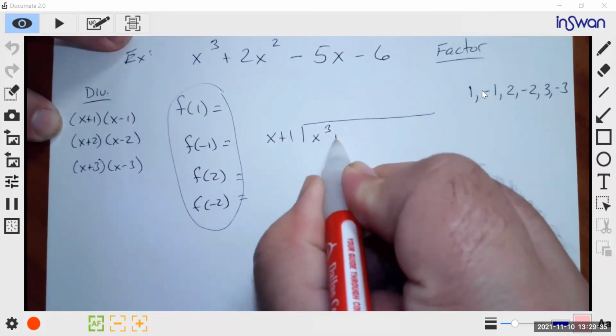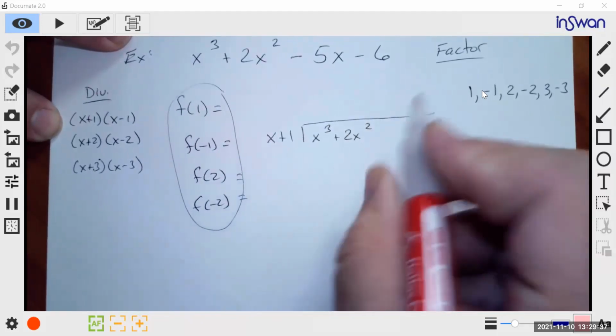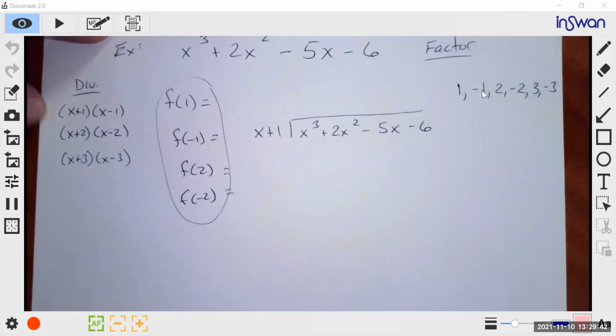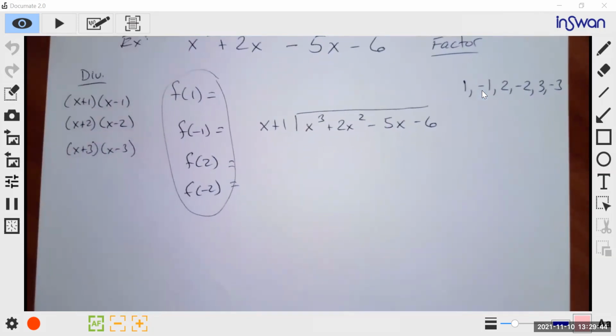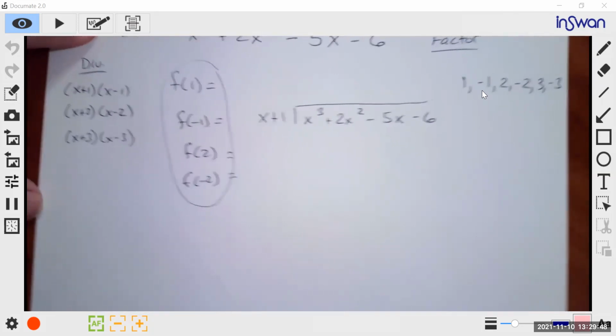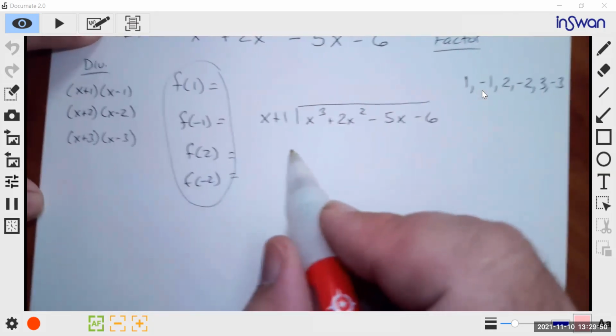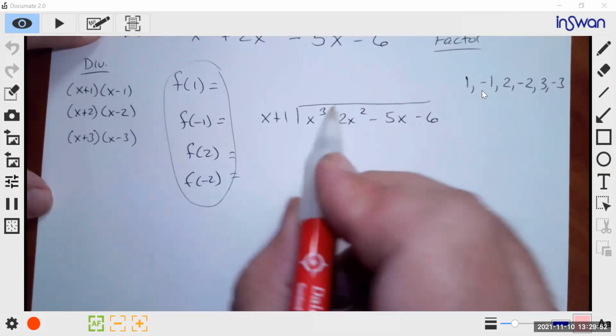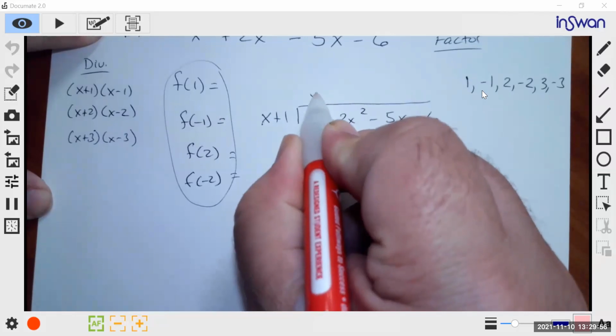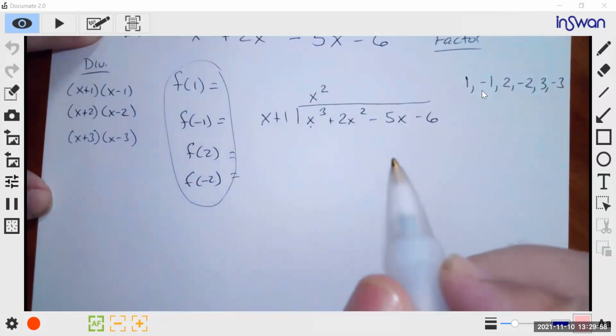x cubed plus 2x squared minus 5x minus 6. So what times x gives me x cubed? x squared.